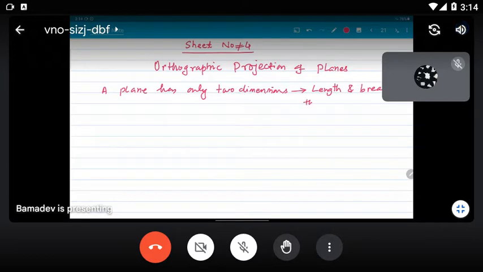What is the thickness? Zero. Right. Yes, you are right. Thickness is zero.